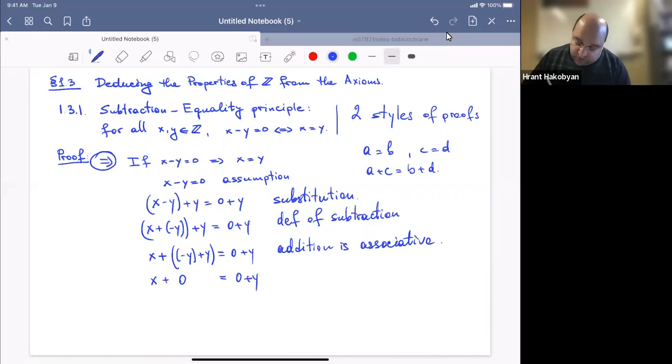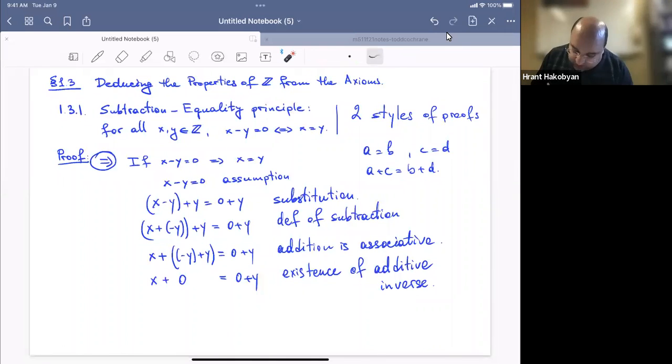So I used here the existence of the additive inverse. What does it say? It says that if you take the inverse, which is actually negative y, and you add it to y, then you always get the additive identity back.